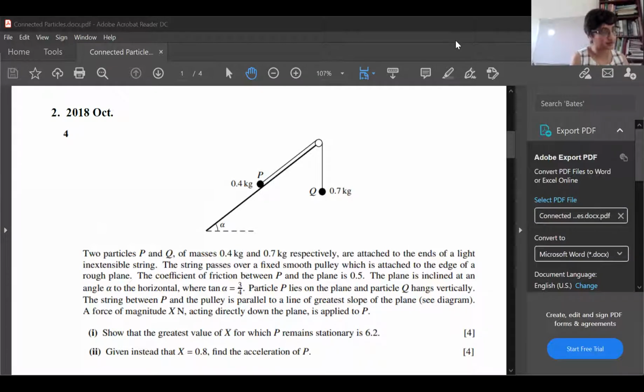Second question. We completed the second question, right? Did we? Part one only, okay. Did I ask you to complete it for homework, Hatvi?